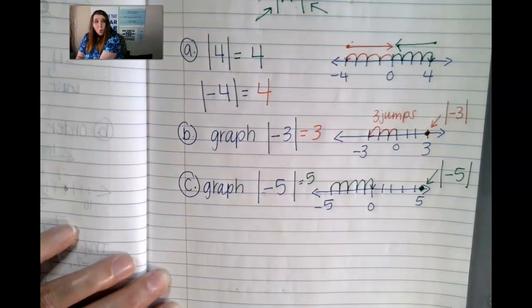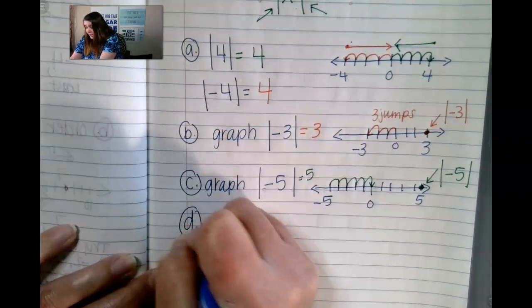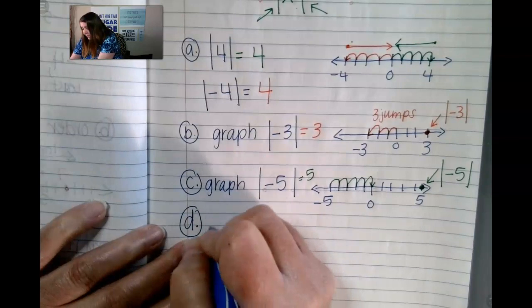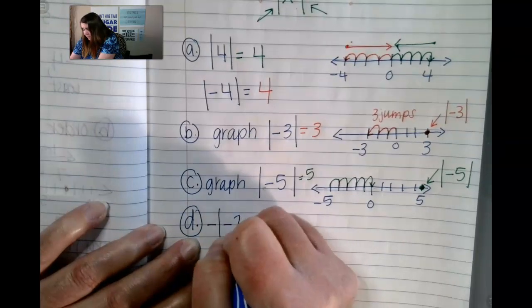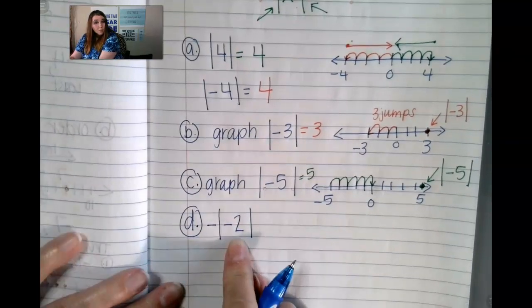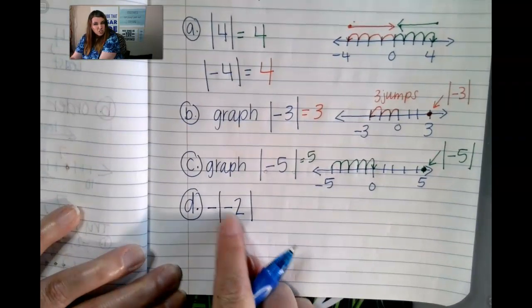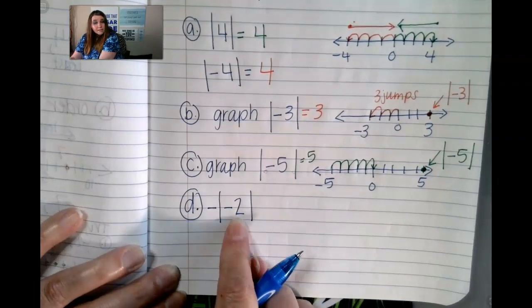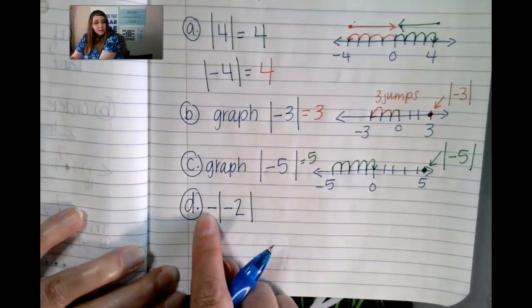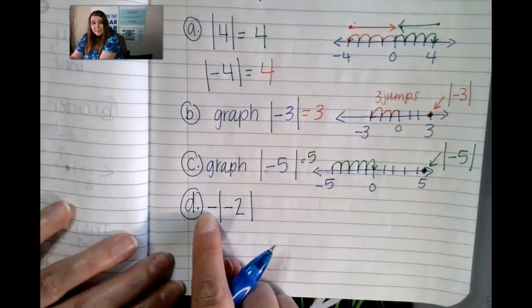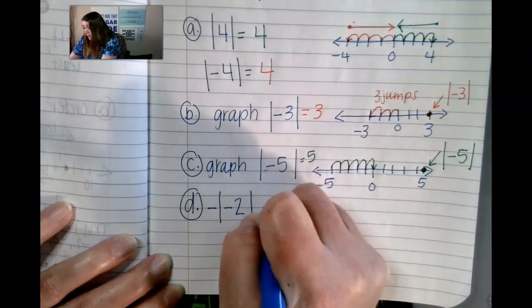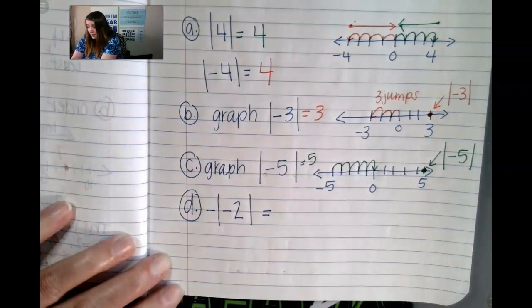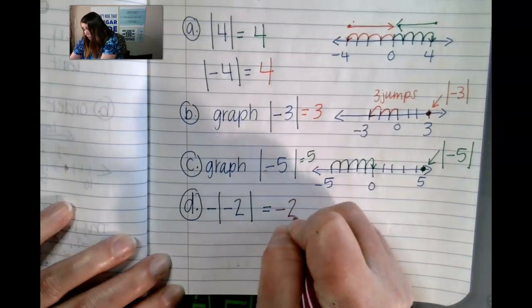Okay, the only time that this absolute value could ever be a negative number is if it was something like this. So I have a negative absolute value of negative 2. Remember, whatever is put inside the machine is positive. So that means it's a 2. However, the negative sign on the outside did not make it inside the machine. So these act like parentheses. So this one really means a negative 2.